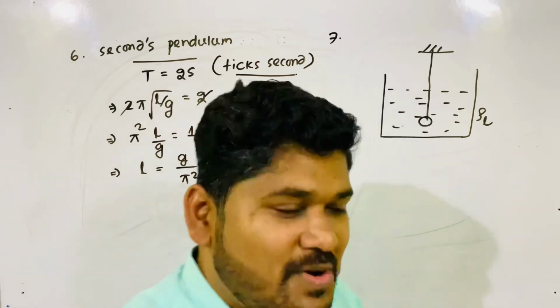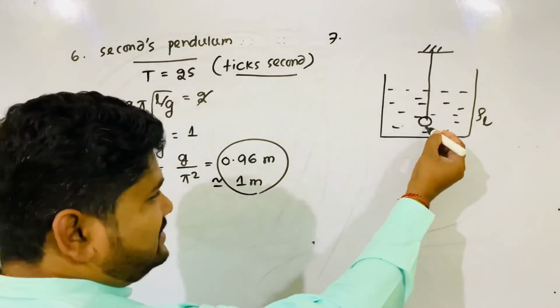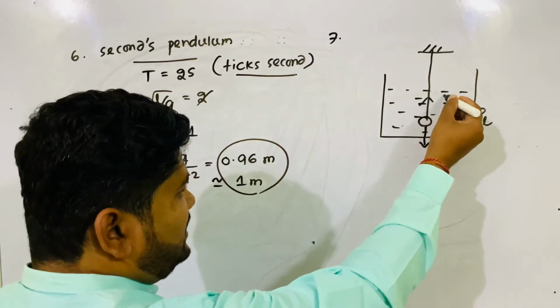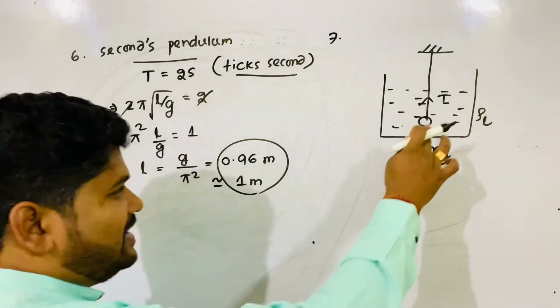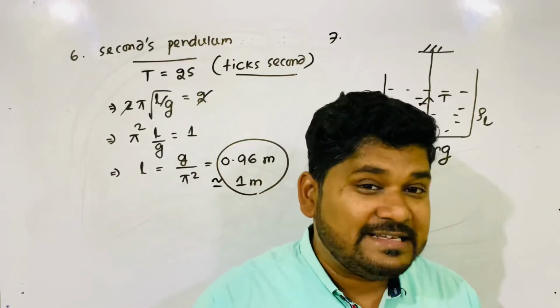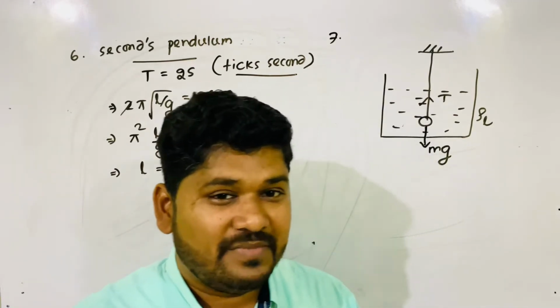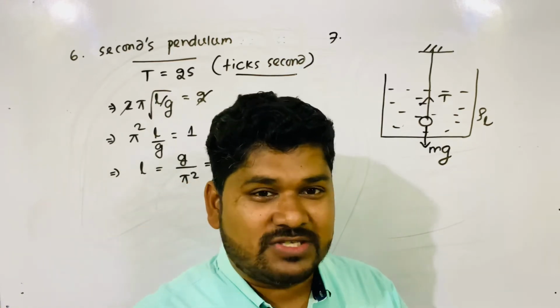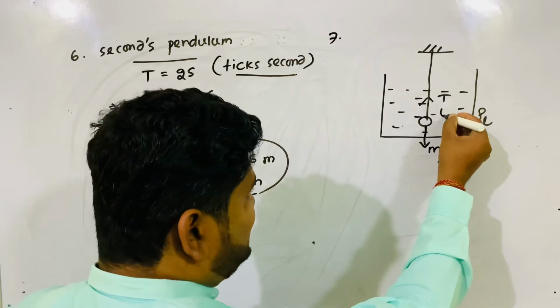What are the forces that act here? mg, and tension. Another force acts on the pendulum in the upward direction when it is inside the liquid. Which force? That is upthrust. Upthrust acts in the upward direction.